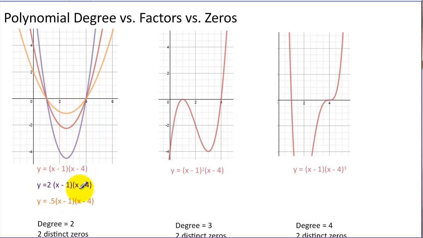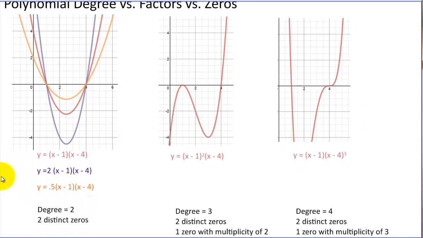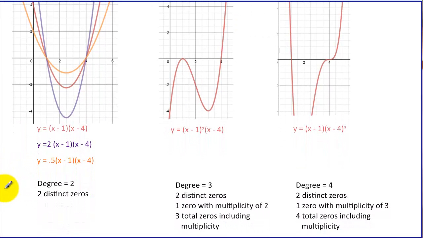If we FOIL these out, these would all be polynomials with a degree of 2, because they would be x squared when we FOIL them. All three of these polynomials have the same two x-intercepts, the same zeros, 1 and 4.